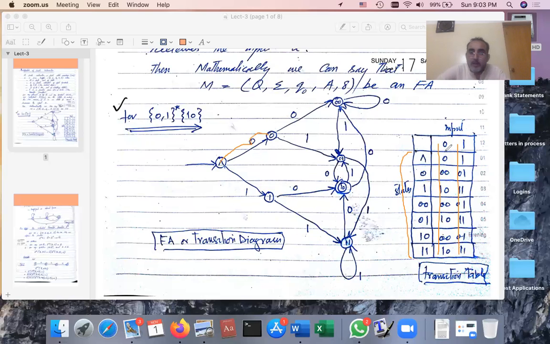So that's why it is mentioned here as 0. At the null state, you can take this 0 and then you are reaching here. Similarly, at null, you can take the symbol 1 and you will reach state 1, like this. So you have to write all these arrows here in this table.